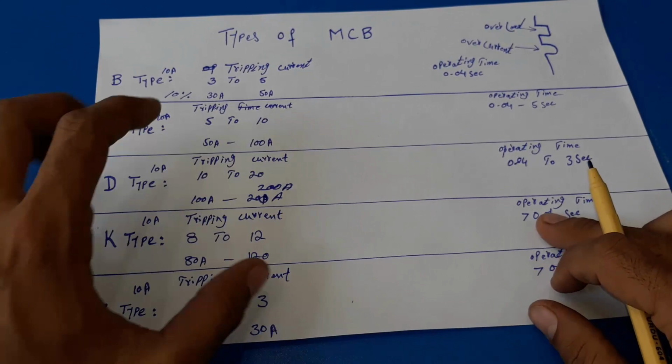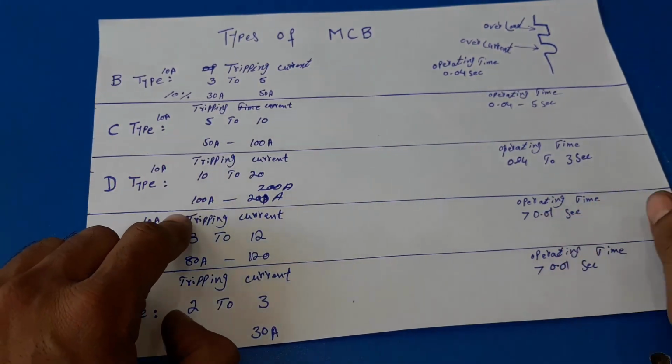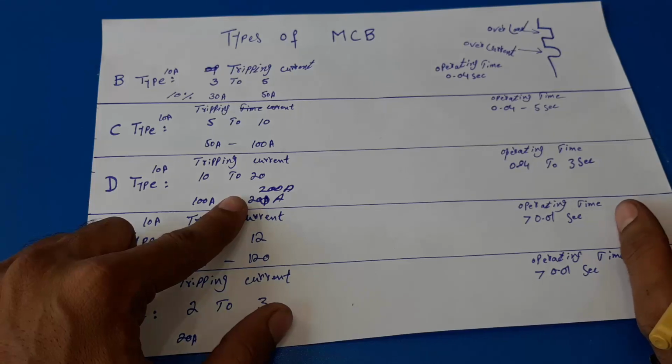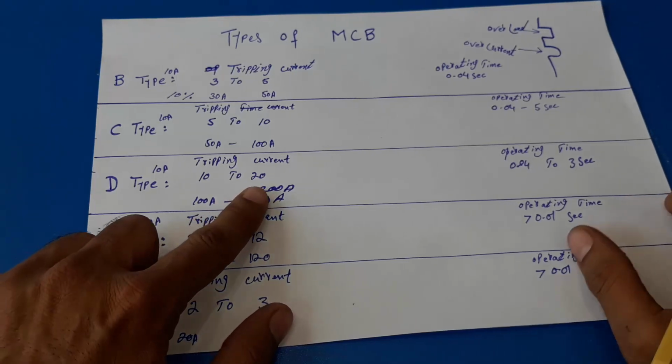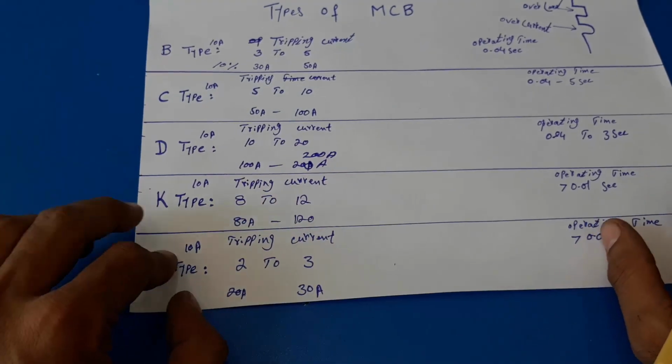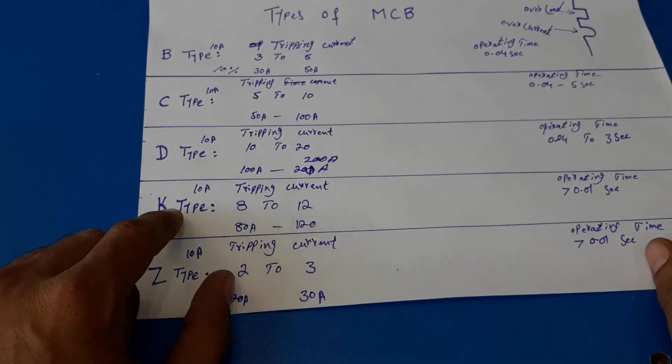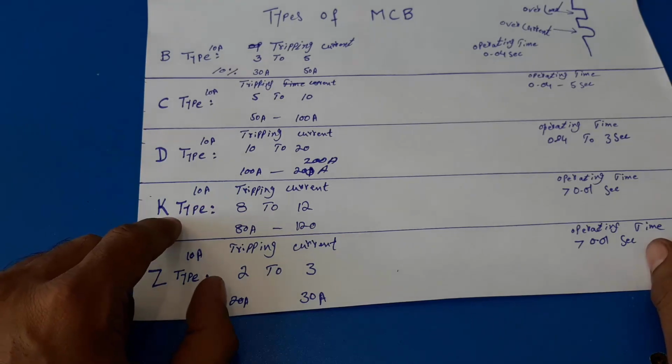If we discuss its application, this MCB is used in many residential, commercial and industrial settings. Now if we discuss the K-type MCB, let's suppose we have a 10 ampere K-type MCB.